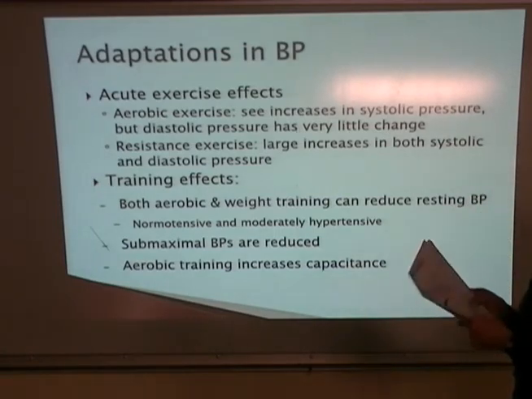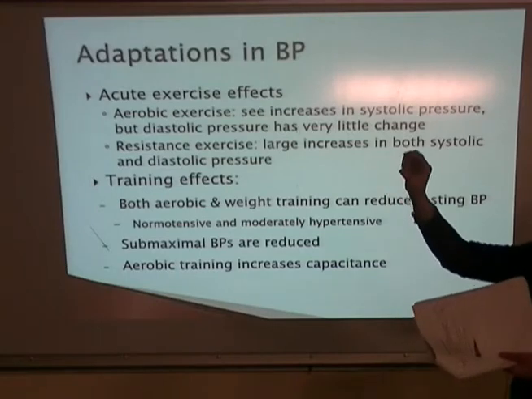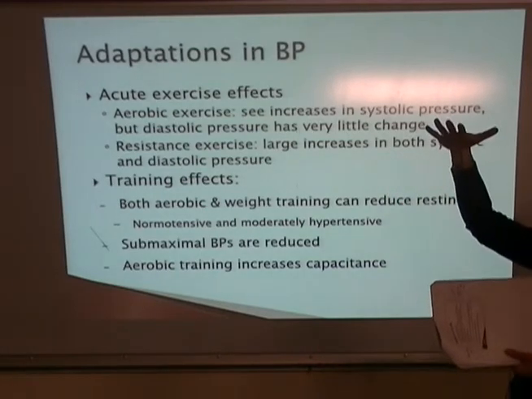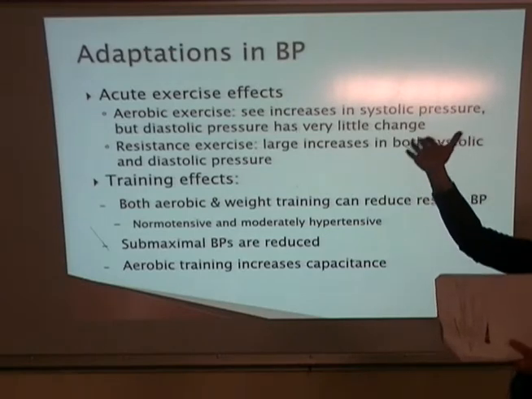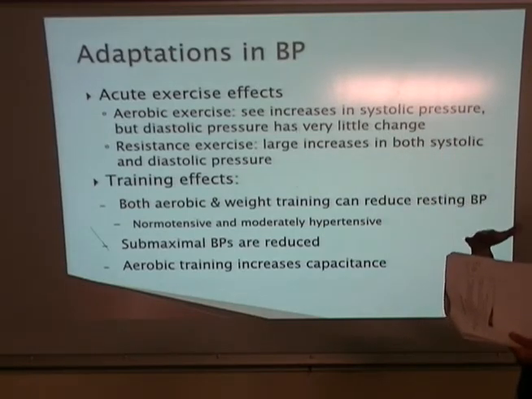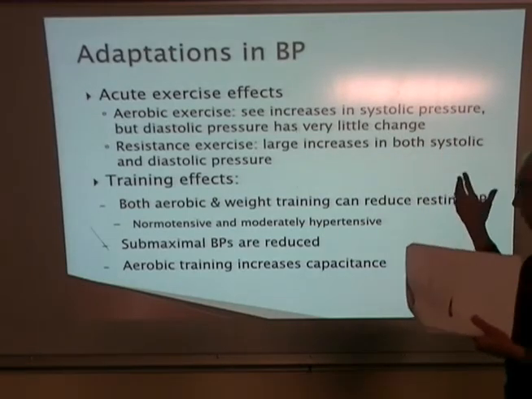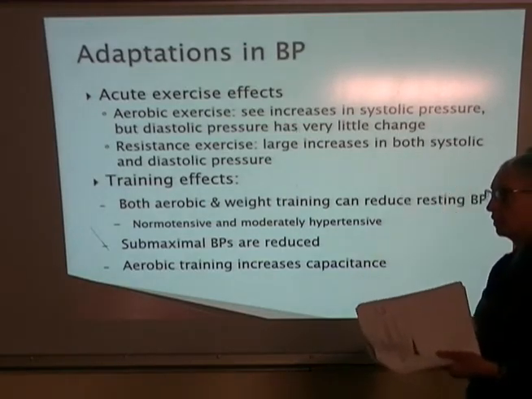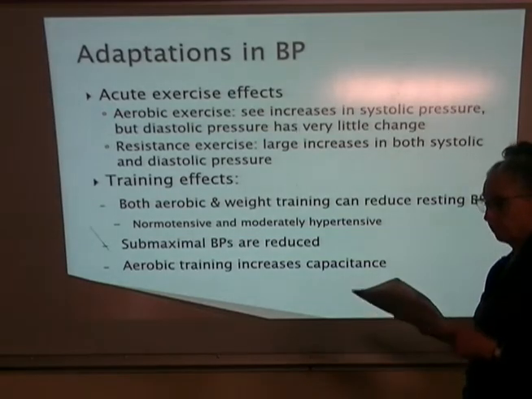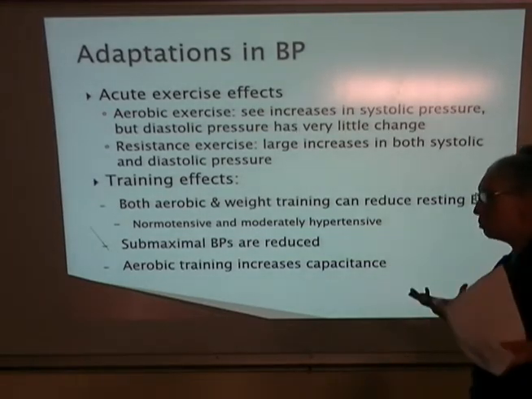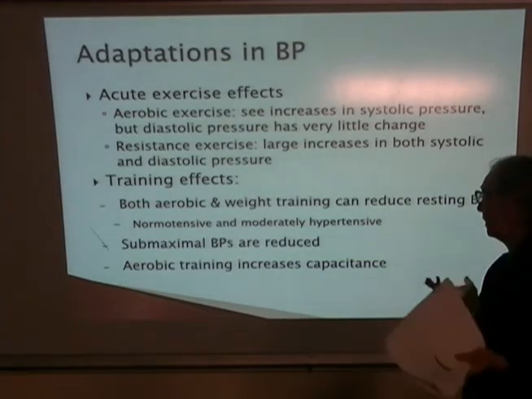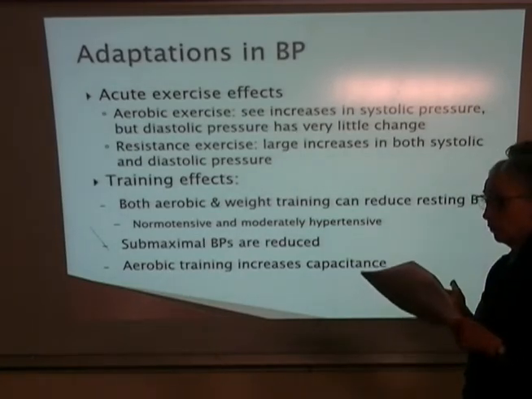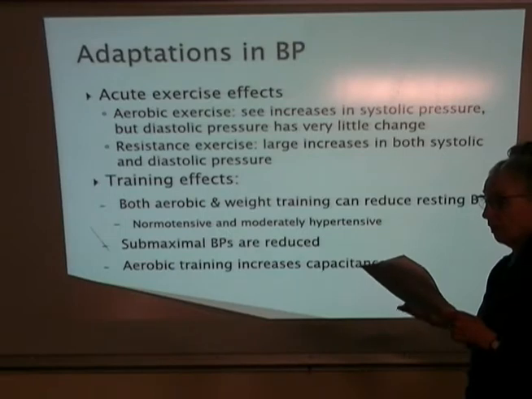So for normotensive, that normal range, and moderately hypertensive, the pre-hypertensive and the lower half of the stage 1 hypertensive, we see reductions in resting blood pressure with training. Not huge, probably less than 10 millimeters of mercury, and it takes a lot of time.